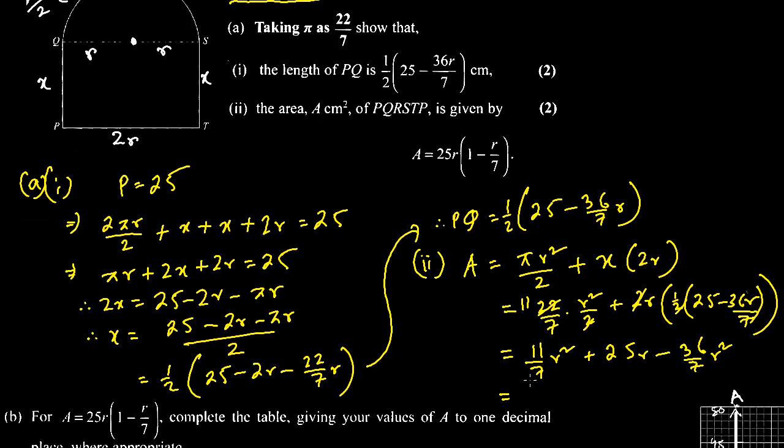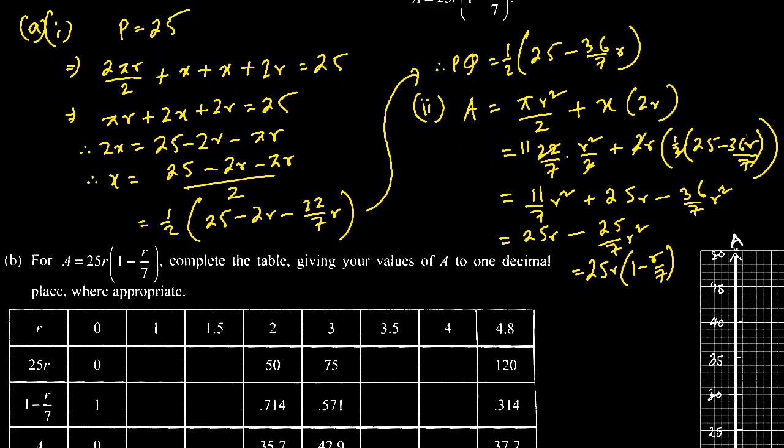So we get 11 by 7 r squared minus 36 by 7 r squared. So this would be 25r minus 25 by 7 r squared. Now if we take 25r common, we will get 1 minus r by 7. That's the expression. Okay, let's move on to the next one.